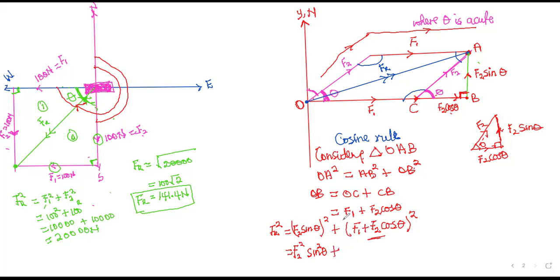You have to work this out for me. Please, will it be F1 squared plus F2 squared cos squared theta? Come again. F1 squared plus F2 squared.